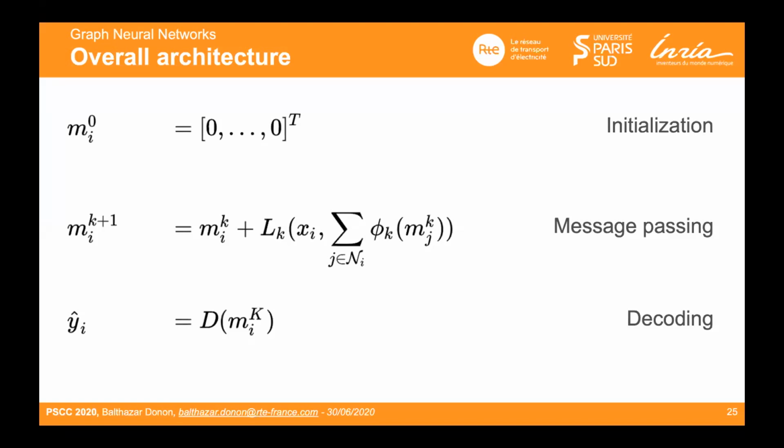Exactly. This was not the point of this paper, because we wanted to include the varying line characteristics in this paper. We wanted to accelerate the computations. But in some previous work that you can find in the references of the paper, we managed to show that by training on random power grids of 30 nodes, you manage to have a very good accuracy also on power grids of 110 nodes.